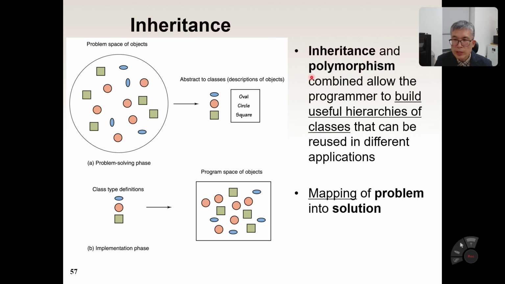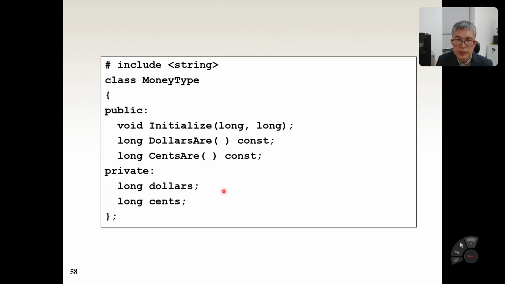Inheritance and polymorphism combined allow the programmer to build useful hierarchies of classes that can be reused in different applications. This is called reusability. And then there is the mapping of a problem into a solution, using this kind of figure.